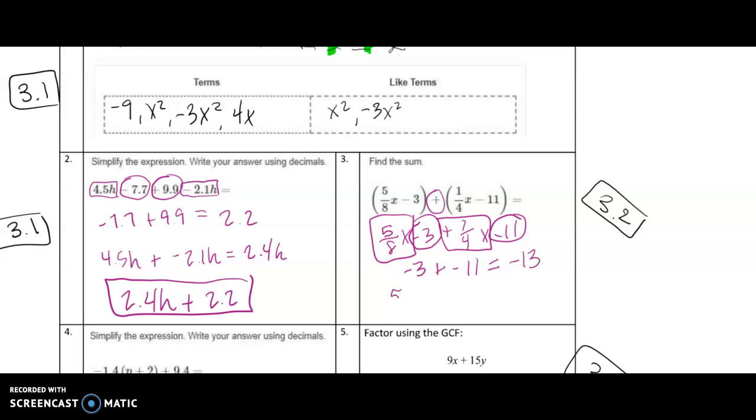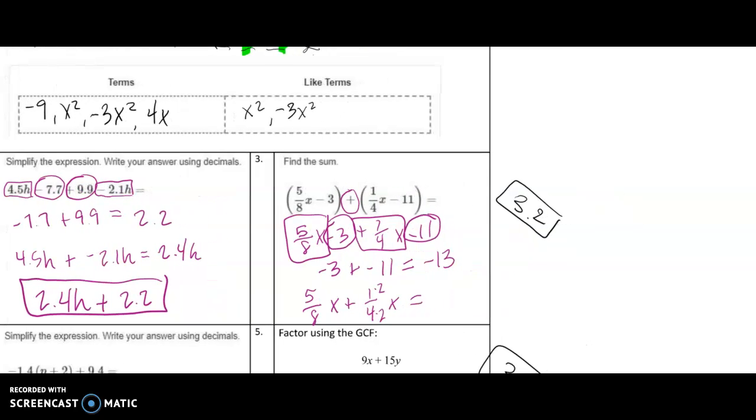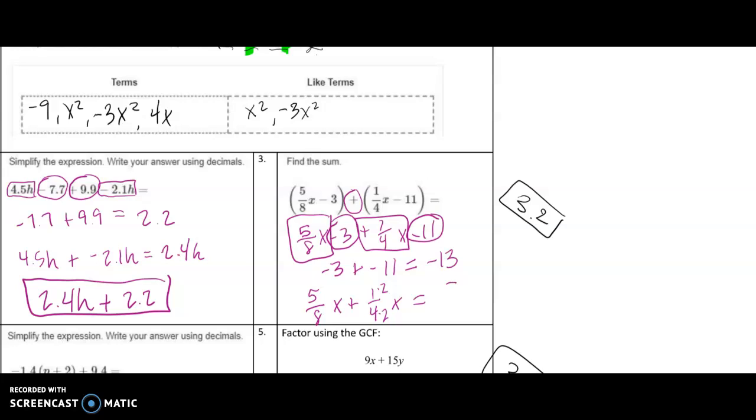Then we have 5/8 x plus 1/4 x. But we can't add those until they have common denominators. So we're going to multiply the second fraction by 2, and that gives us 5/8 x plus 2/8 x.